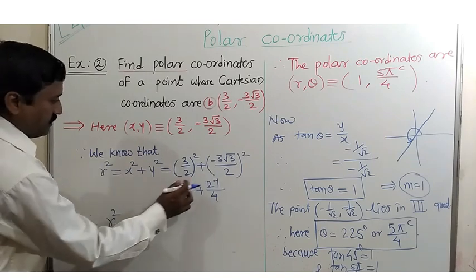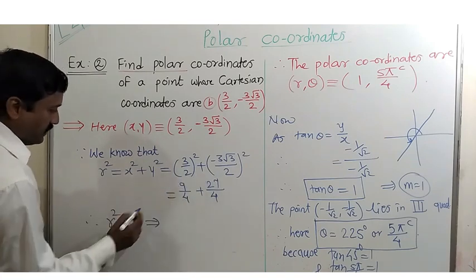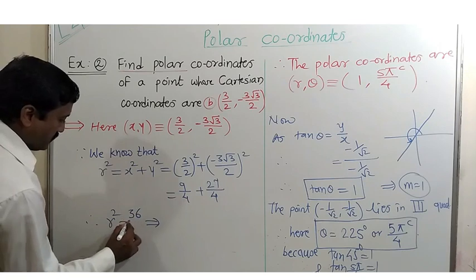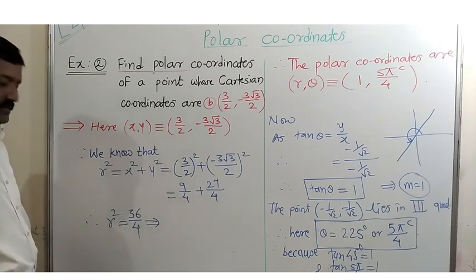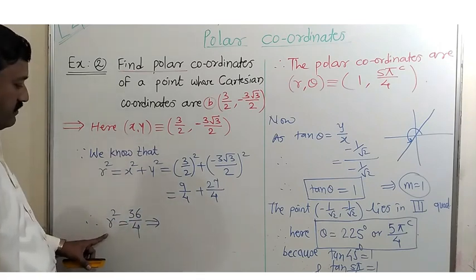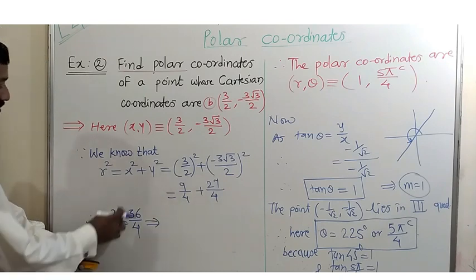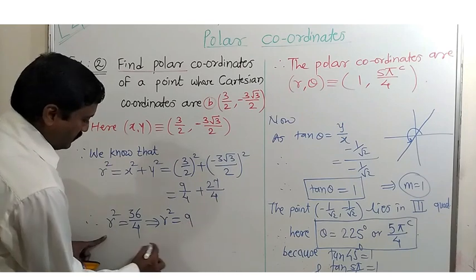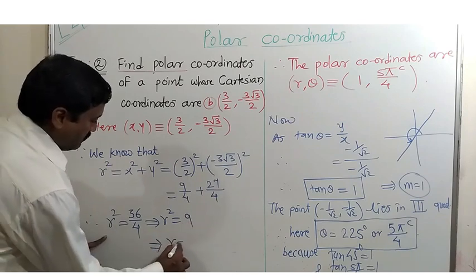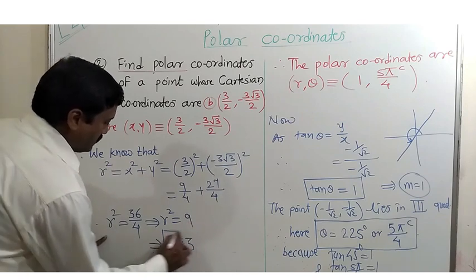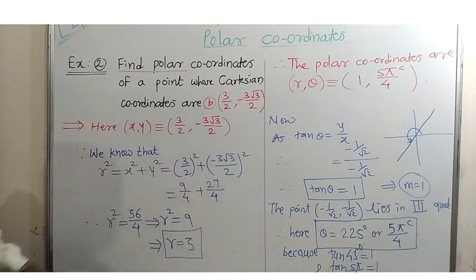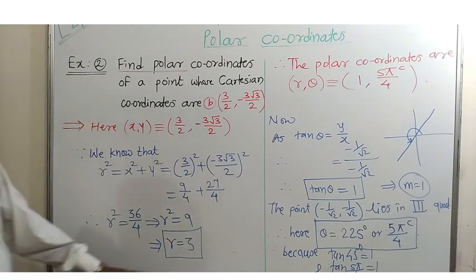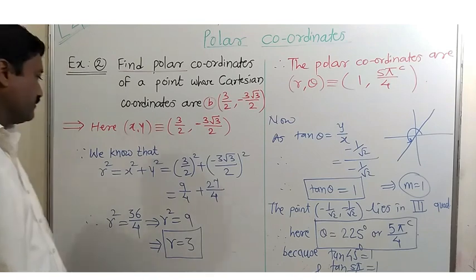So r square is equal to 9 plus 27, that is 36 by 4. So it is nothing but r square equal to 9, which implies r equal to 3. So this is our first polar coordinate. Here the value of r is equal to 3.